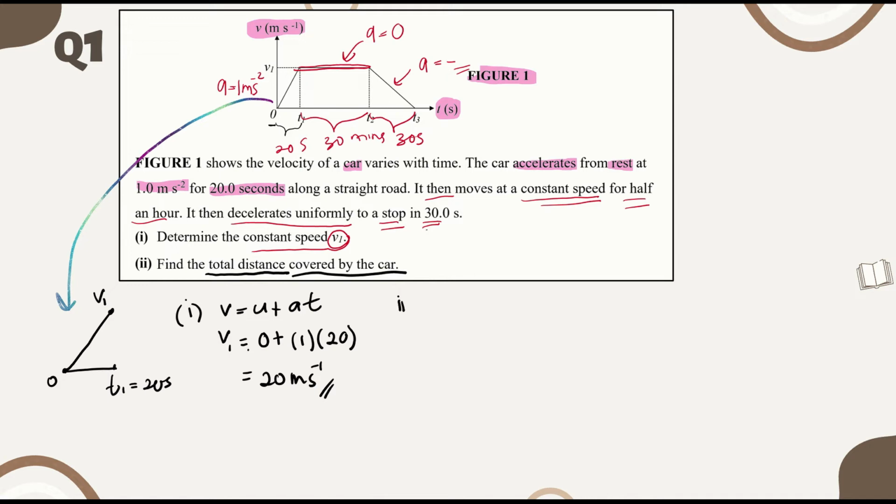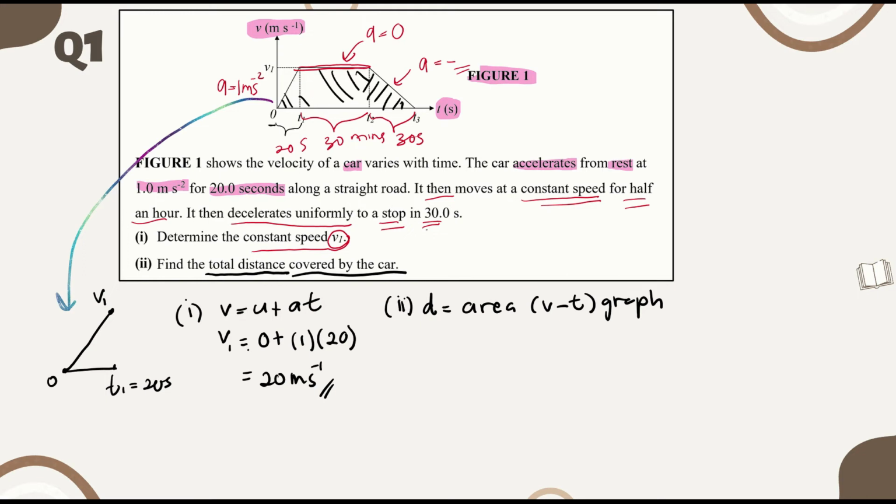For the second question, the total distance covered by the car. As for information, we can get the total distance from the area under the VT graph. So we need to calculate the area under the VT graph, which is this shaded area.